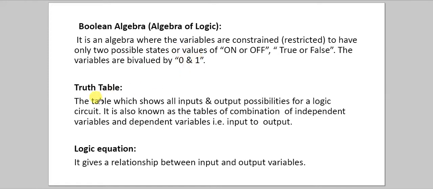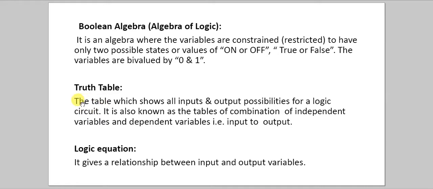Another term we will be using, truth table. The table which shows all inputs and output possibilities for a logic circuit. There are input events and the output event. So all possible combinations of the inputs with the output relationship is called the table of truth or truth table.